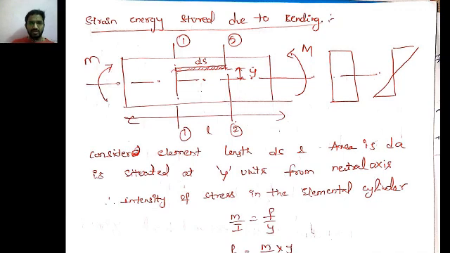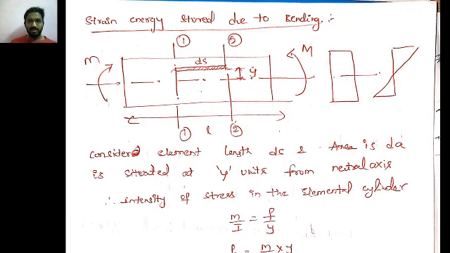First of all, I will explain the components present in the figure. First, consider a beam of length L, and I am applying a moment at the end of the beam. This is the cross section of the beam, and next this is the stress diagram for the beam.